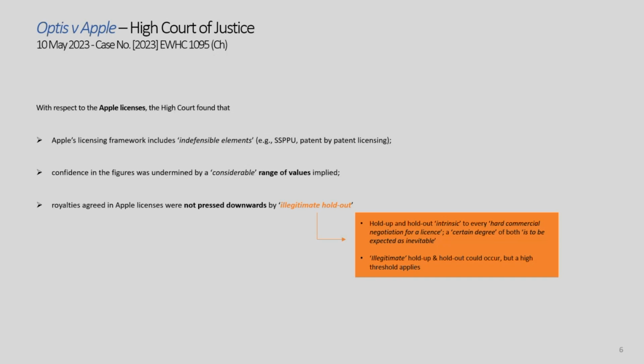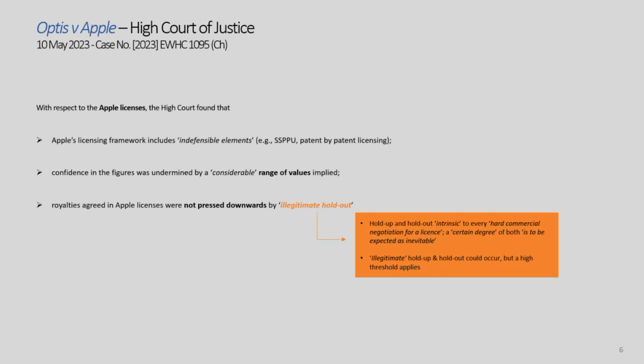And it also noticed that when it did this exercise to see how much each license would cost for the entire stack, the licenses of Apple implied a considerable range of values, which was, of course, interesting because at the end of the day, it was referring to the same set of patents, so the same stack of patents. And this considerable range of values undermined, in a sense, the confidence in the figures.